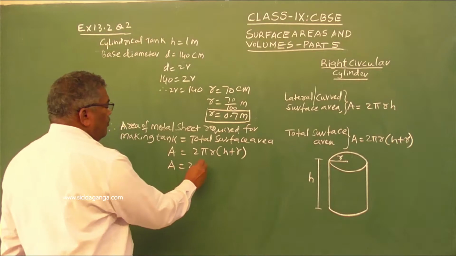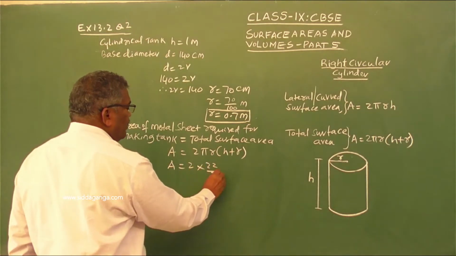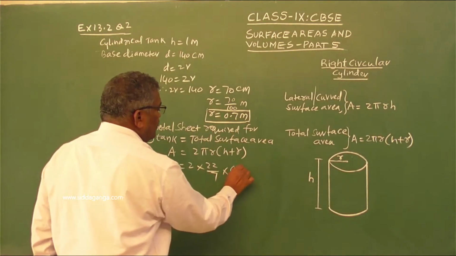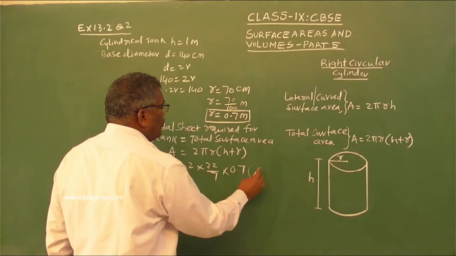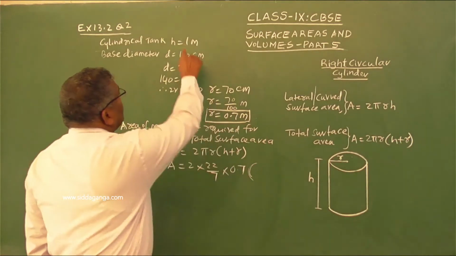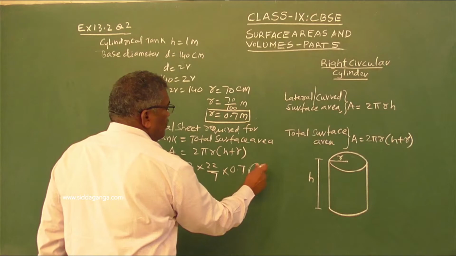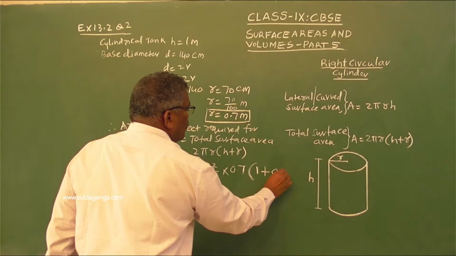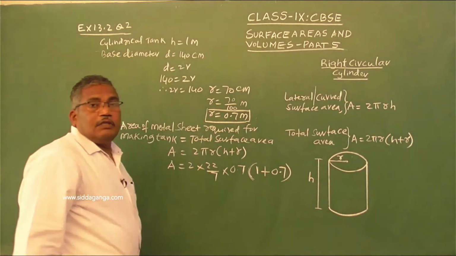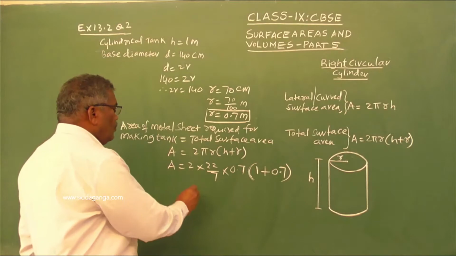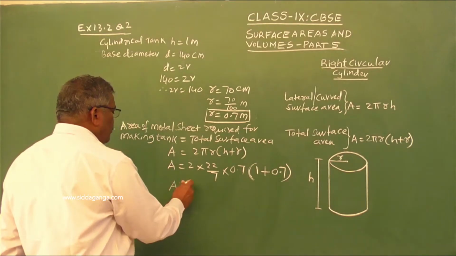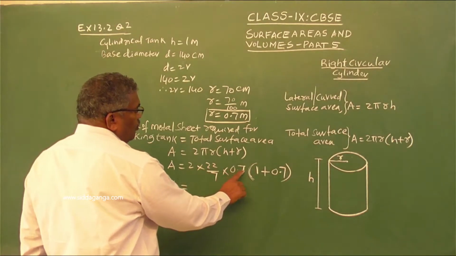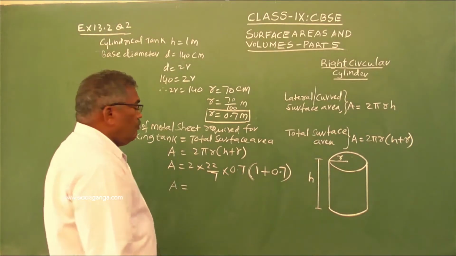Here we have to calculate the value of A. 2 into pi, which is 22 by 7, into r in meters, that is 0.7 meter, into h plus r, where h is 1 meter, so 1 plus 0.7. Simplifying, area equals 2 into 22 into 0.7 divided by 7, which gives 0.1.